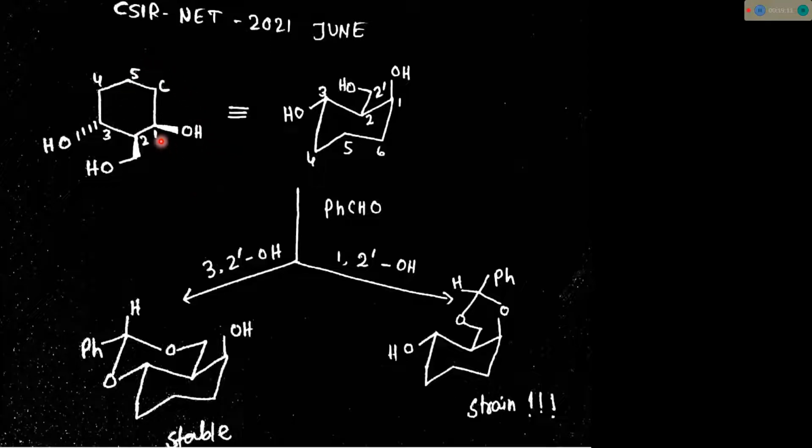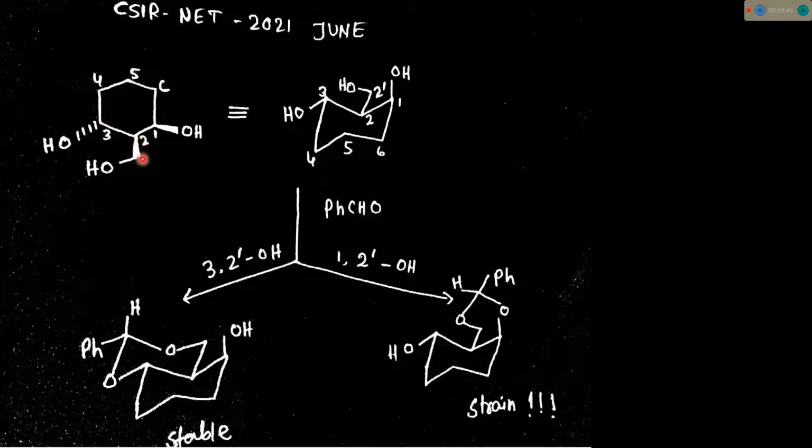So see, 1, 2, 3. So in this there are 3 equivalent, we can say, 3 types of 1,3-diol. One is 1, 2, 3, these are completely trans to each other. 1, 2, 3, these are also cis, and this 2, 2 dash, so you can mark this carbon as 2 dash.